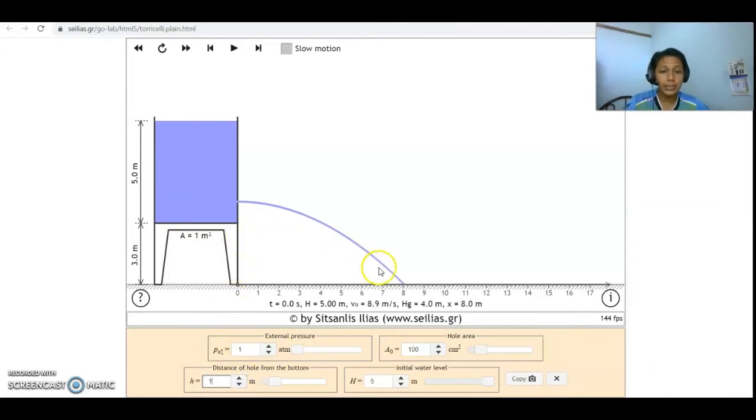After that, we take a measurement of the distance s of the water flow from the opening of this hole. We run the simulation.